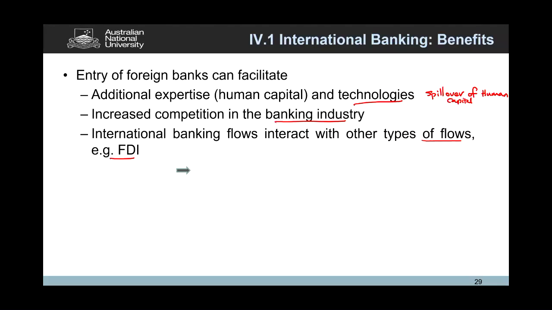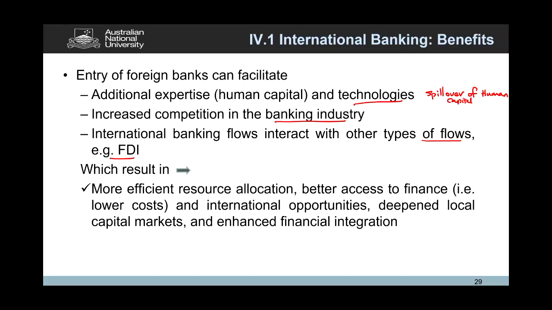We talk about capital inflow and how important they are for investment projects. So in this case, they can allow for more efficient resource allocation, better access to finance at lower costs, right, as we talked about.